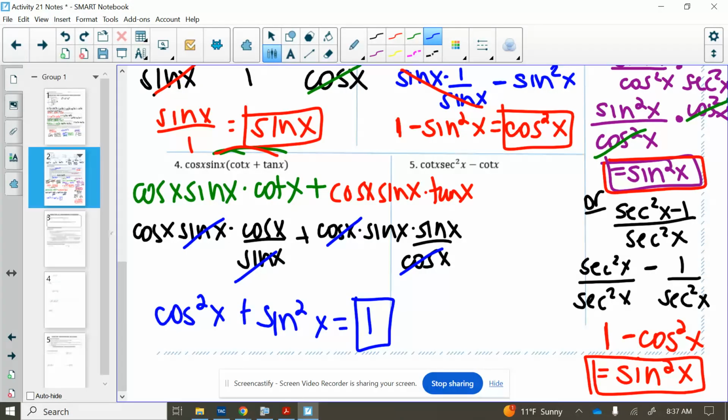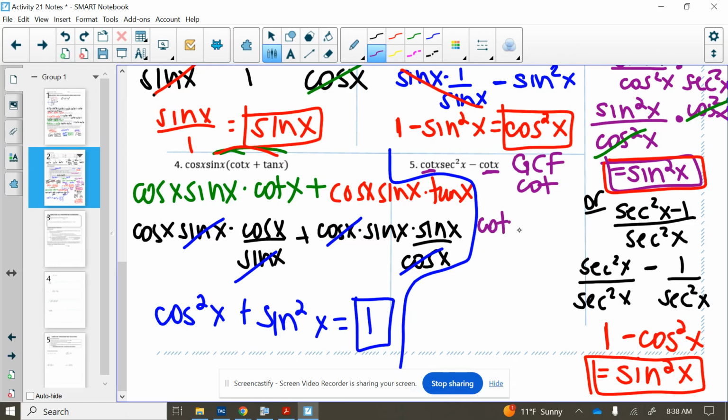All right, last example here, number 5. Notice on this one, it's kind of interesting. We actually have both of these have in common a cotangent. Okay, so we have a GCF, a greatest common factor of a cotangent for both of these that we can factor out. So if I divide out a cotangent from the first part, I'm going to be left with, inside my parentheses, a secant squared. And notice in the second part, if I divide out a cotangent, cotangent divided by cotangent isn't 0, it's 1.